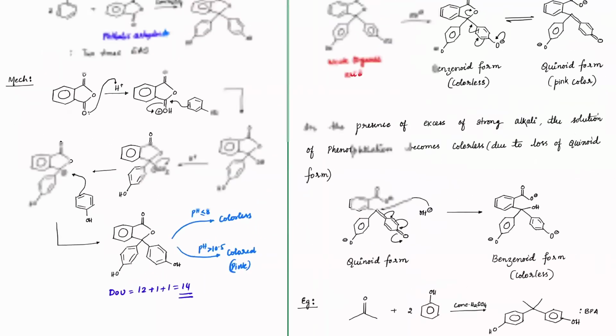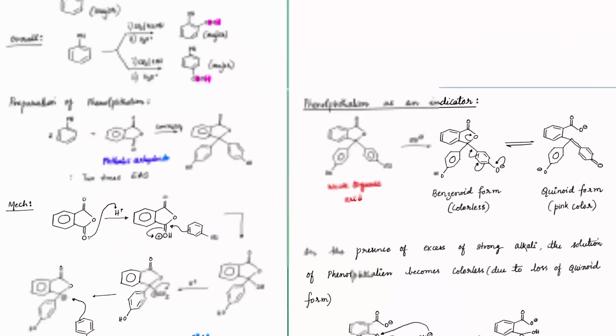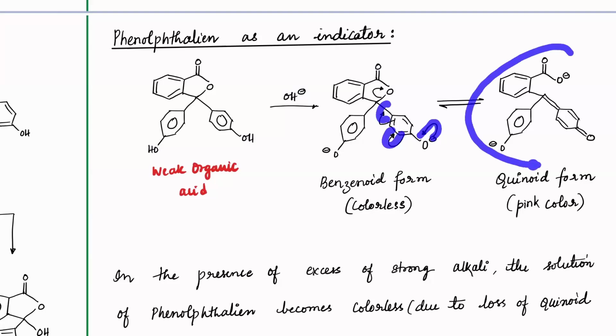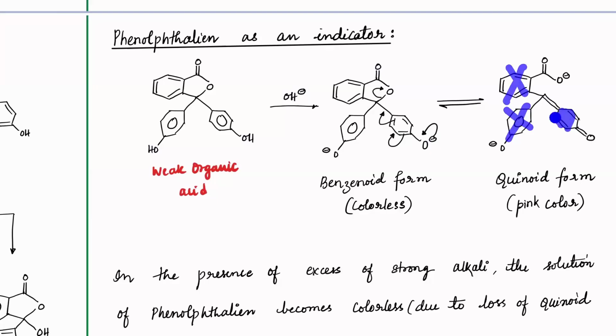Now phenolphthalein as an indicator, it is a weak organic acid, and this OH minus, as it takes H plus from it, the OH minus will keep pushing itself to get into this quinoid form or a non-benzenoid. So this is benzenoid, but this is not a benzenoid.